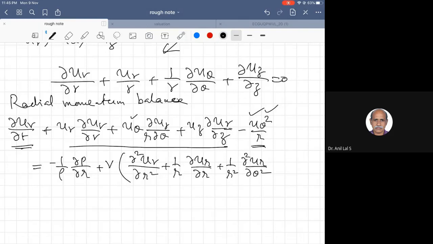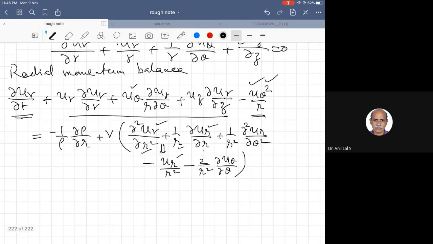Because of the derivative of the radial and tangential unit vectors in the theta direction, we get two more extra terms: minus u r by r squared, and minus 2 by r squared dou u theta by dou theta. Dimensionally you can check: u r in the numerator and r squared in the denominator. So this completes the radial momentum balance equation.